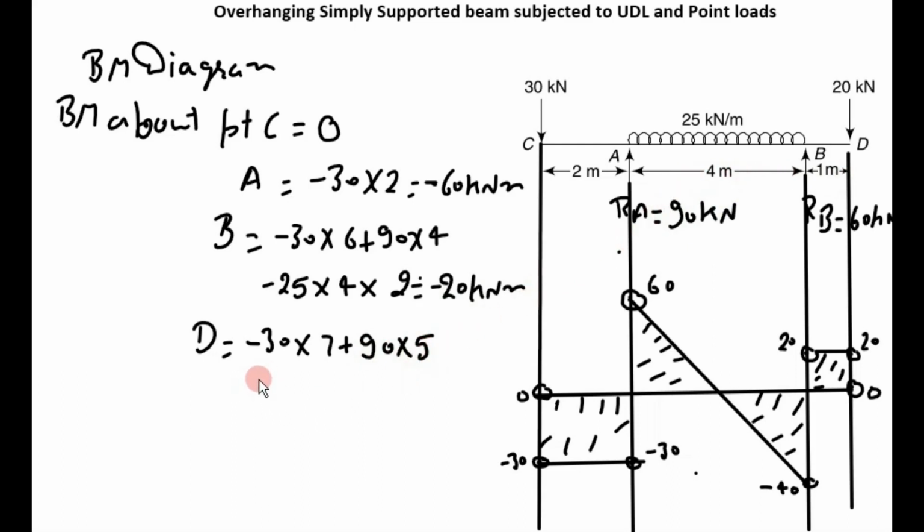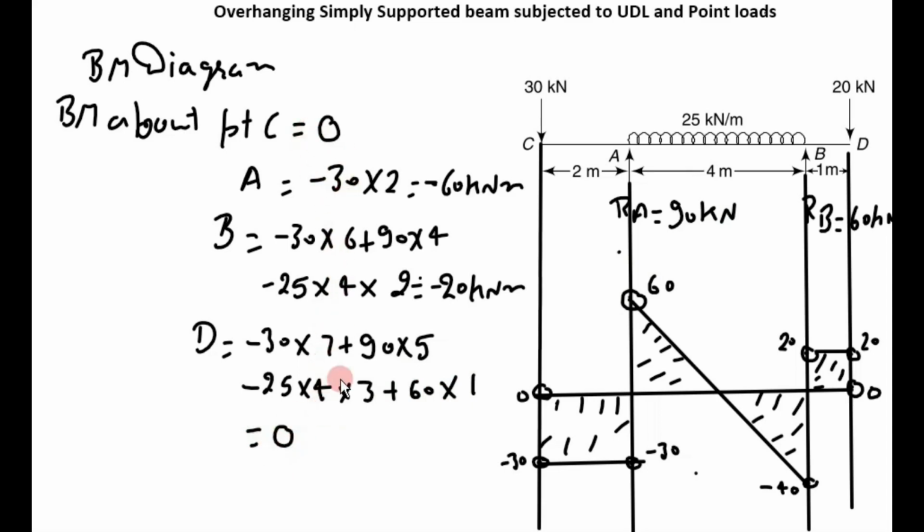UDL is 20 kilonewton acting on 4 meter, and distance of its CG from point D is 3 meters, and it tends to rotate the beam in anti-clockwise direction. Next force is RB, 60 kilonewton at a distance of 1 meter. So when we calculate, it comes out as 0.